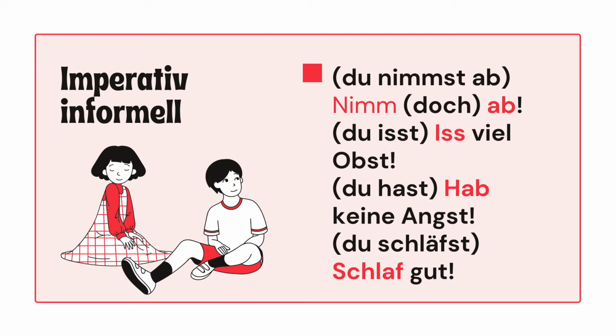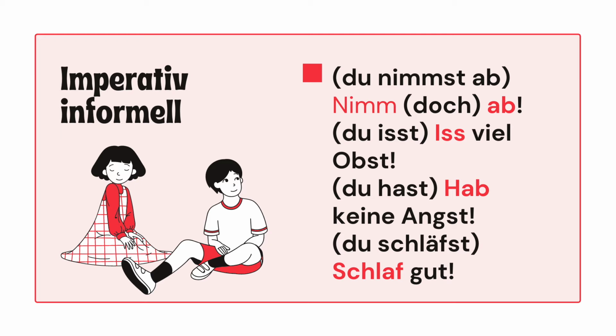The next one is du isst, you eat. If you want to say eat much more fruit, you can say iss viel Obst.